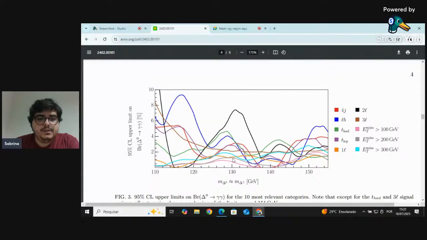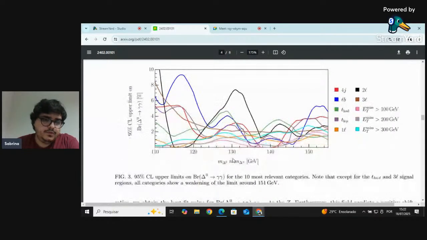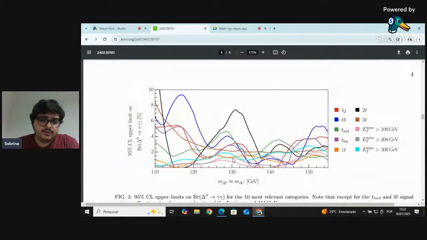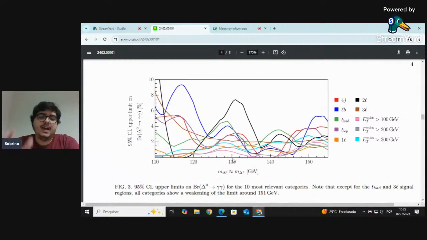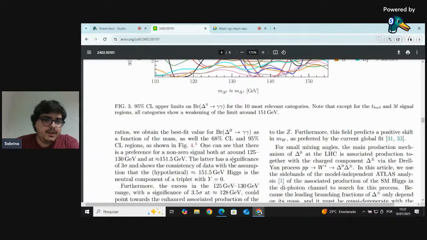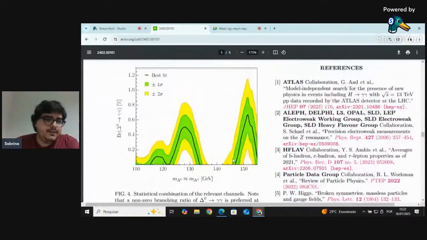So they use a likelihood approach to generate those graphs, and multiplying those likelihoods, they found this other graph here, which is, as I said, the same thing. They have peaks in these regions.